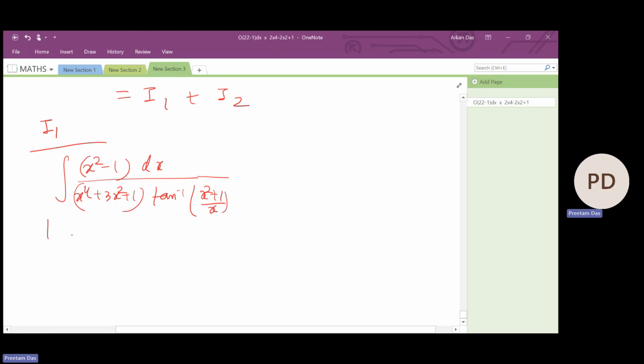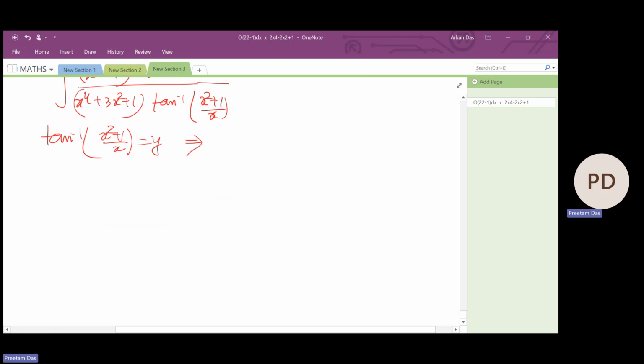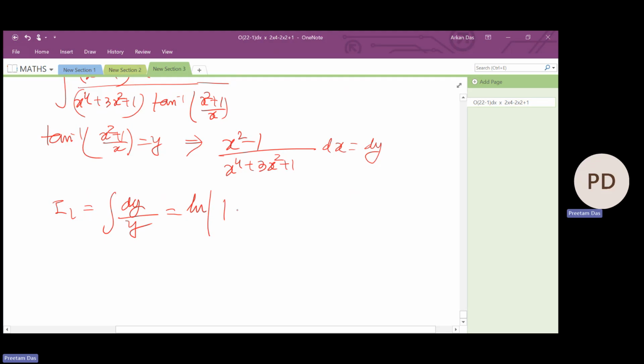That tan inverse itself you consider to be y. So when you differentiate using the chain rule, (x square minus 1) over (x^4 plus 3x square plus 1) dx will be dy. So what will be I1? You can easily calculate it now. This is nothing but integration of dy over y. So this is ln mod tan inverse of (x square plus 1 over x) plus c.